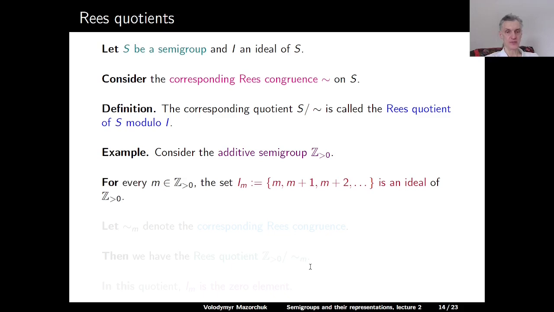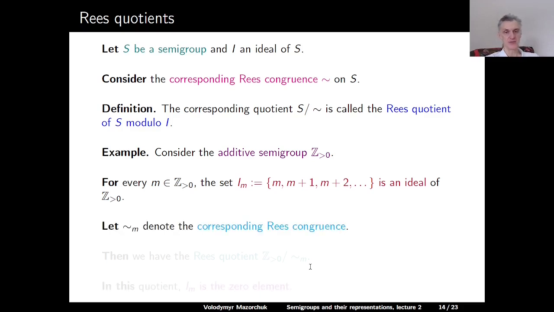Then, for any m in this semigroup, we have the set Im, which consists of all elements which are greater than or equal to m. So it consists of m, m plus 1, m plus 2, and so on. And this is obviously an ideal of this semigroup.